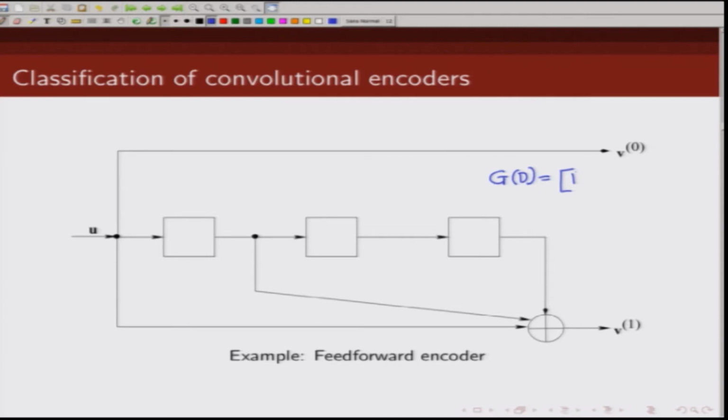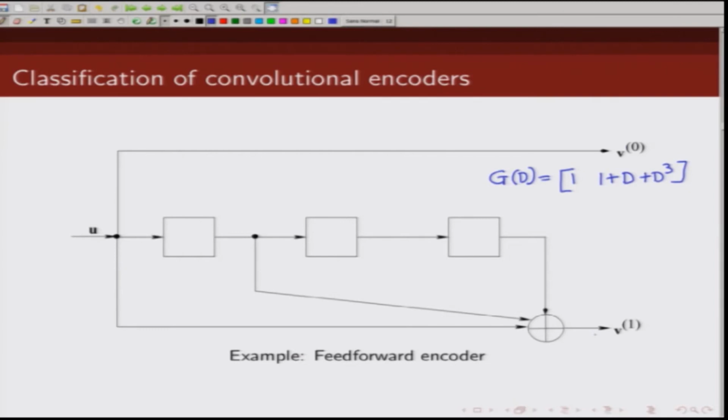This is the information bit, so we have 1 plus a one-delayed version of this information bit plus D cubed, because this is a 3 time instance delayed version of U. So, this is the generator matrix. This is also a polynomial generator matrix, and you can see there is no feedback from the output to the input side.